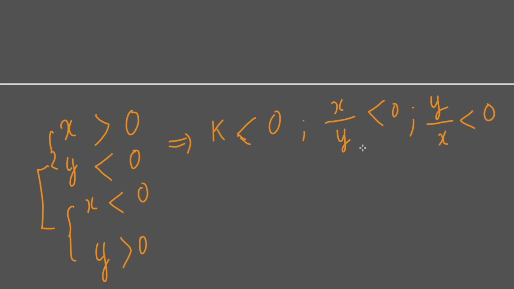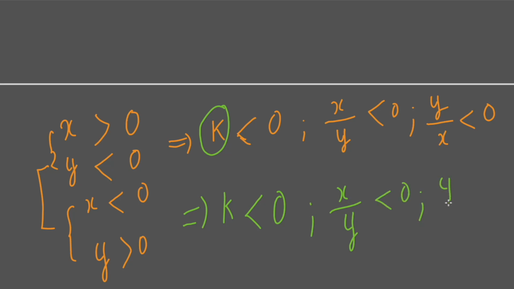So the sum of two numbers smaller than 0 should be a negative number. The same for the second case: k also has to be smaller than 0 because x over y is smaller than 0 and y over x is smaller than 0.